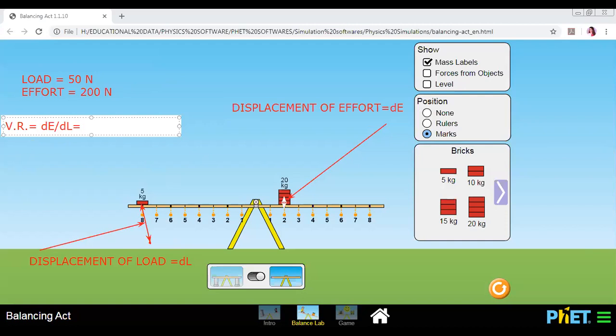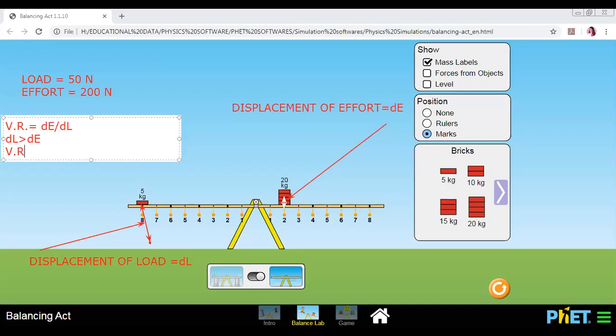Now what you can see from this diagram, you can easily find out that my displacement of load is greater than the displacement of effort. So our velocity ratio is the displacement of effort upon displacement of load, and displacement of effort is less and the displacement of load is more.